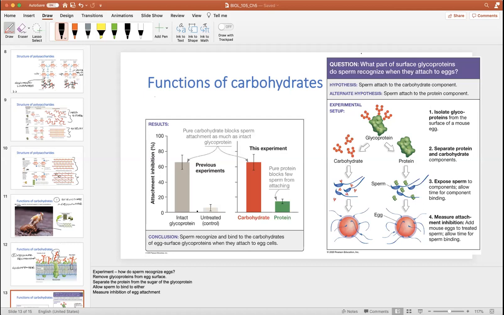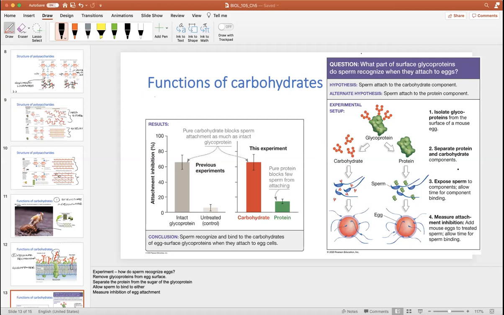And one situation where it's important to be able to recognize different cell types is during fertilization. So, you know, sperm, as they are going through the act of fertilization, the way that they know when they have reached an egg is they recognize the cellular ID tag on the egg.